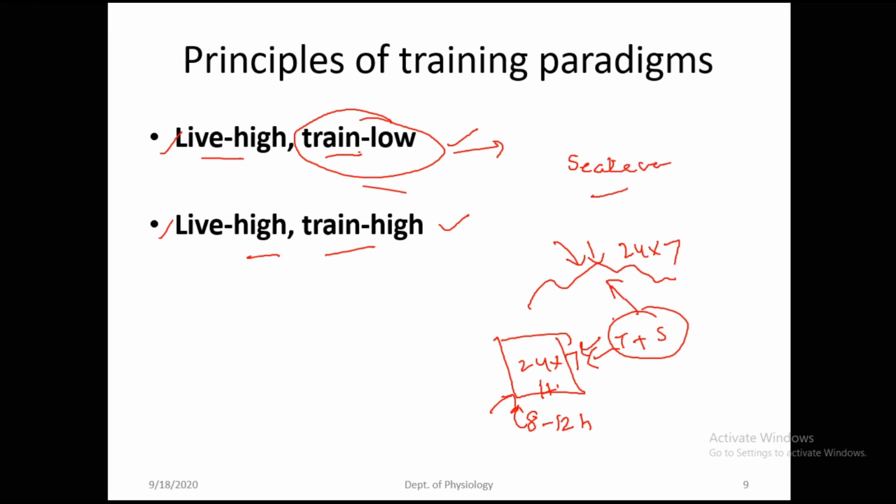So training is at sea level and stay is at high altitude. That is the hypoxic chamber, which is artificial, or it can be natural altitude. So this is the difference between live high, train low and live high, train high.